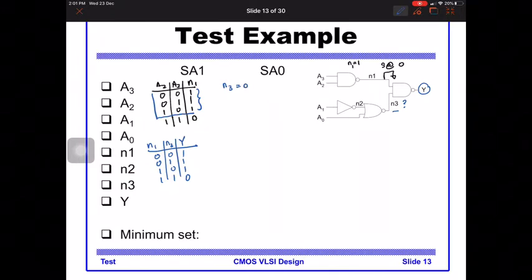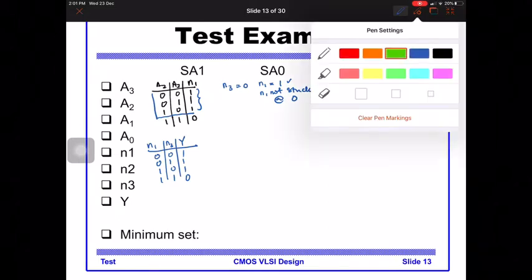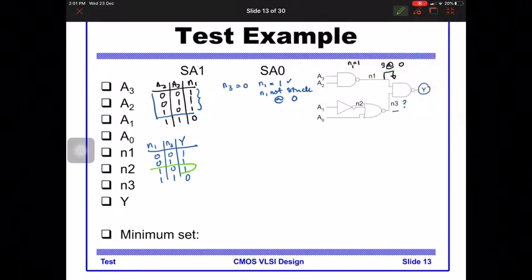Alright? If N3 equals to 0 and N1 is equals to 1, which you apply, if N1 is not stuck at 0, N1 will become 1. So if you look at the truth table, N3 equals to 0 and N1 equals to 1, we are here, right? So Y will become 1. Alright? So what about the other case, right?